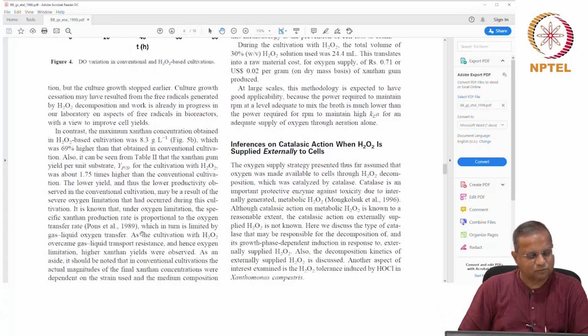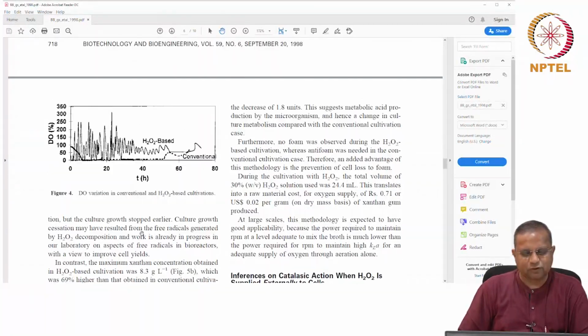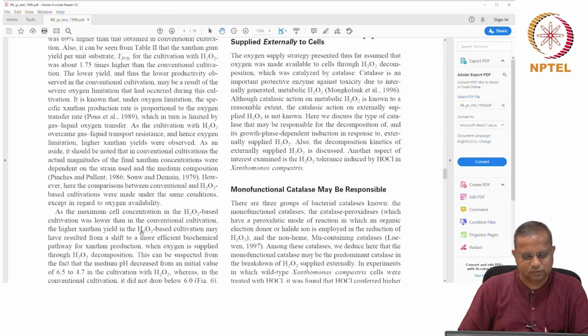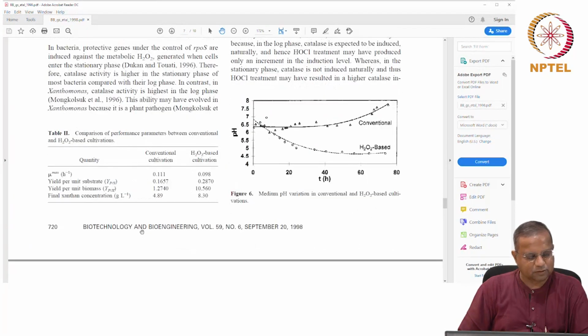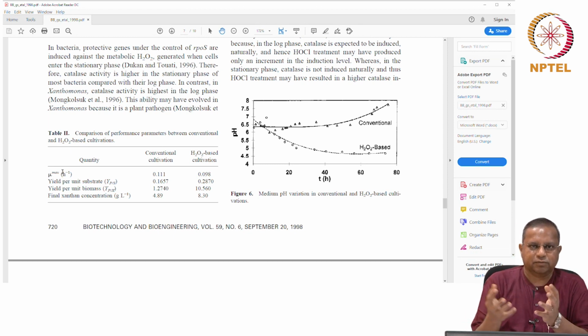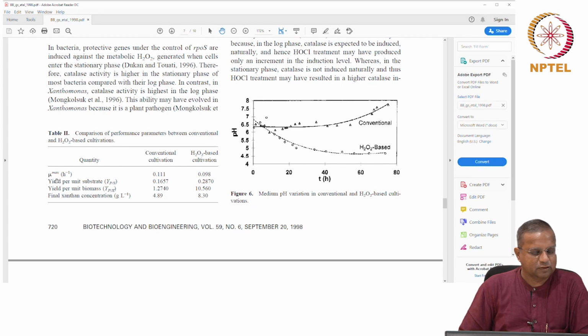So here we found that in the case of conventional cultivation, the growth rate, which is important because the growth rate will determine the cell concentration, higher the cell concentration, higher the productivity, and therefore this is important.